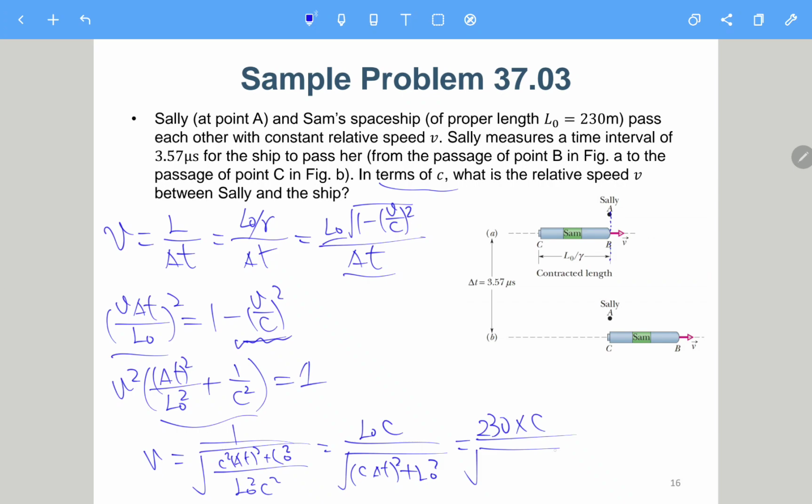So we have 2.998 times 10 to the 8th power, and then times delta T, which is 3.57 times 10 to the minus 6 power, quantity squared, plus 230 squared. So this value will be 0.210 C, which is around 1/5 of the speed of light.